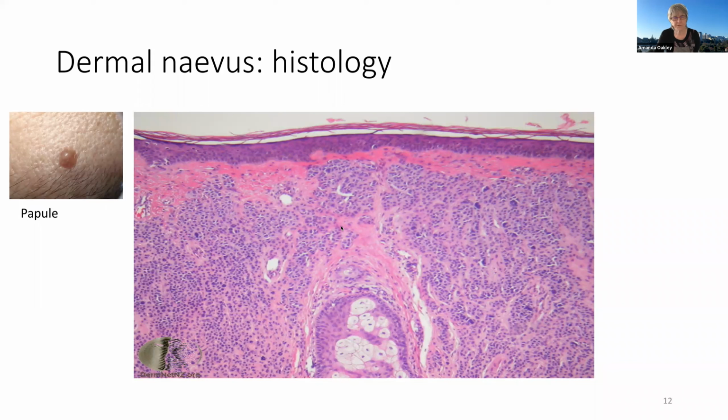A dermal nevus is often skin colored, and in white skinned people that can be white or pink. And in darker skinned people tends to be a darker brown than their normal skin color. In this case, there's no involvement of the epidermis, but there's a proliferation of strands of cells, they're the purple ones, in the dermis.